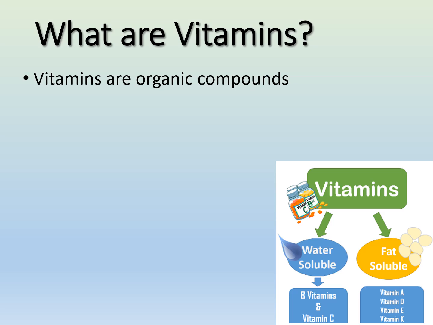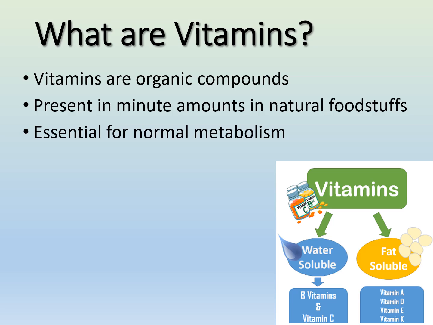So if we go back to what an organic compound is, we have to have carbon, hydrogen, and then maybe oxygen, nitrogen, those elements creating a molecule. So these are organic compounds that are present in very small or minute amounts in just natural food. So lots of foodstuffs have multiple vitamins in them, and vitamins really are essential for normal metabolism.